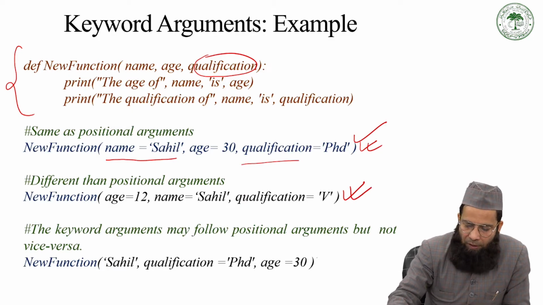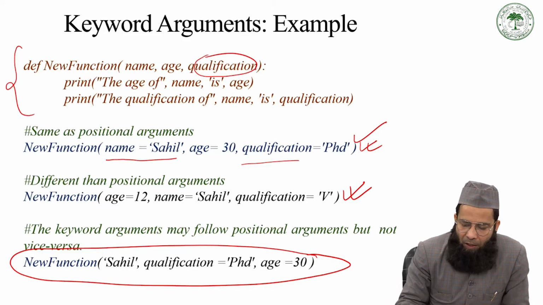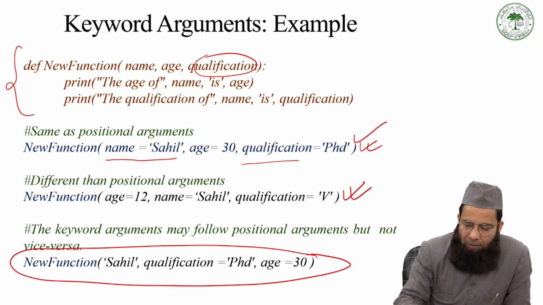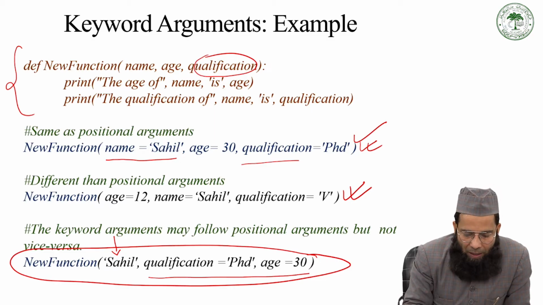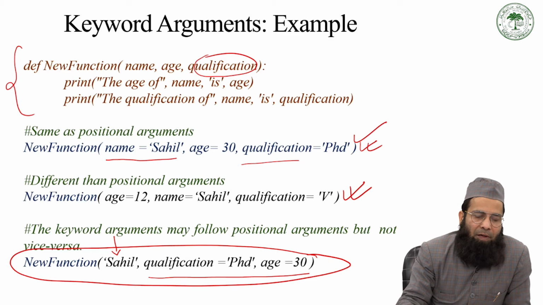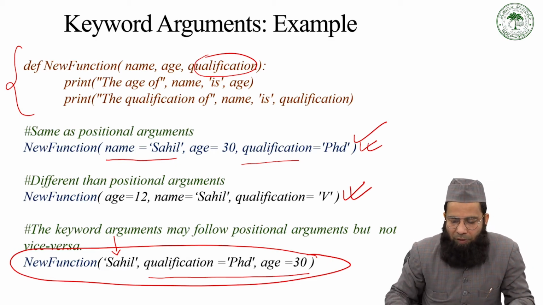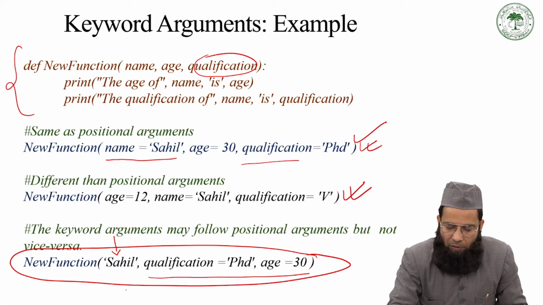And one thing more, the case I was discussing in the previous slide. This is the positional argument, right? And these are keyword arguments. So, you cannot write a positional argument after the keyword argument. Suppose there is one more function call, let me write this one.